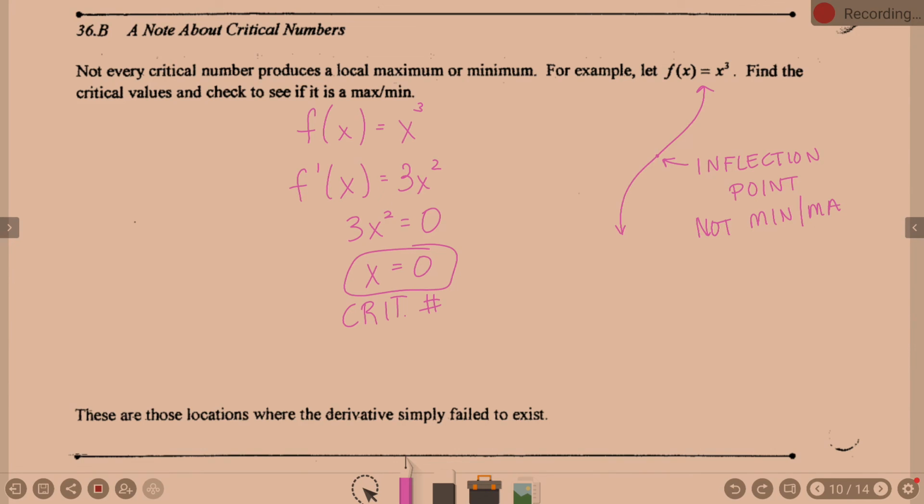This one is a special case where this is an inflection point. It's not a min or a max. Besides, if this is x cubed, you'd have to have a pair of critical values to make this work, because you'd have to have a min and a max. You couldn't just have one min or one max and it be a cubic. So this is an inflection point. Again, special case, and we'll deal more with these as we go through.